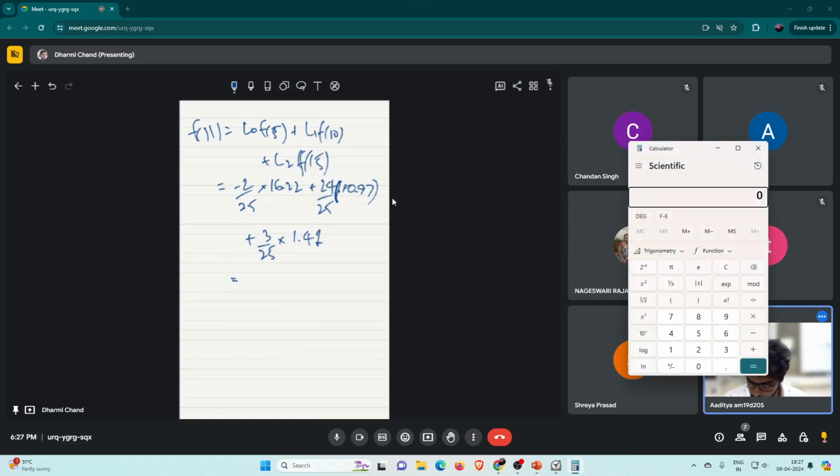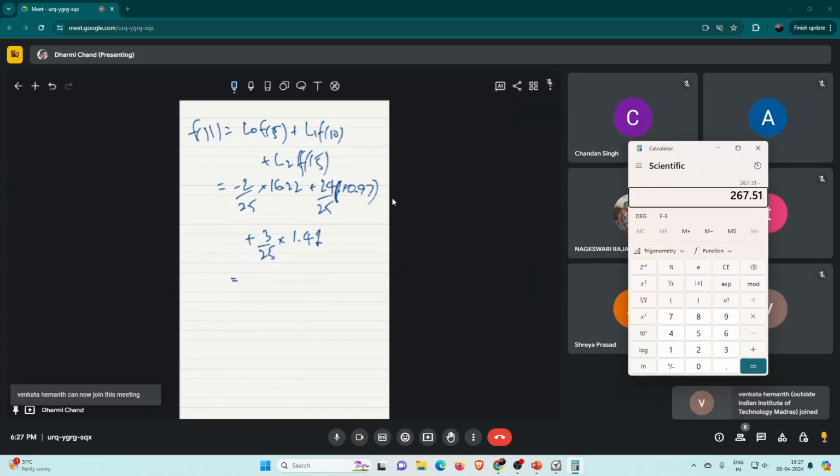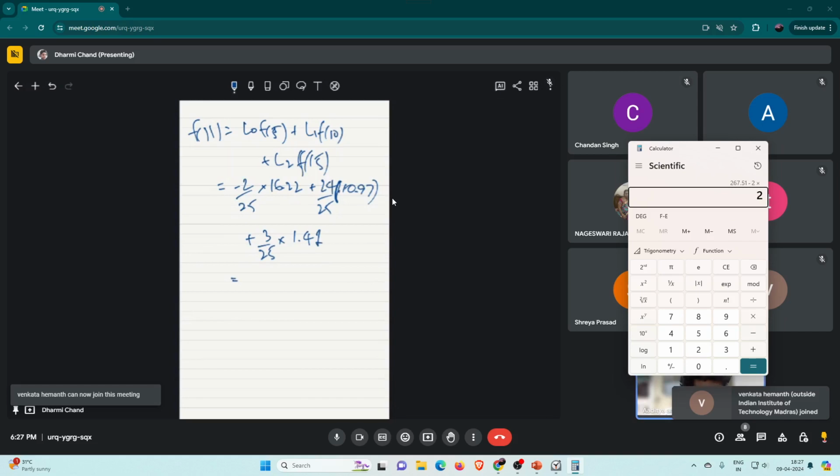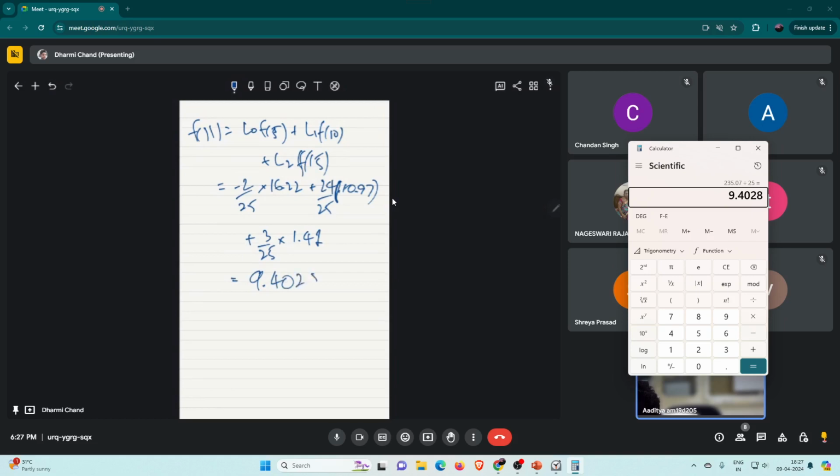So, 24 into 10.97 plus 3 into 1.41 minus 2 into 16.22, divided by 25. So it is 9.4028. 9.4028 is f of 11.